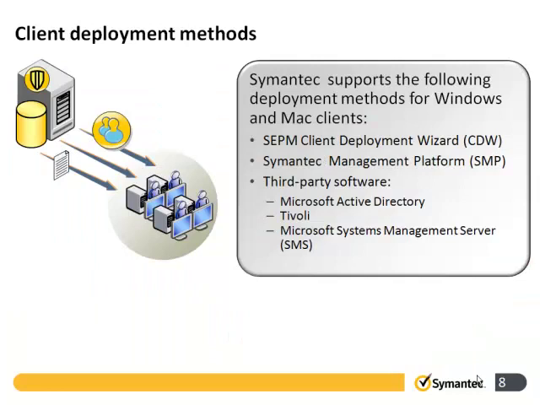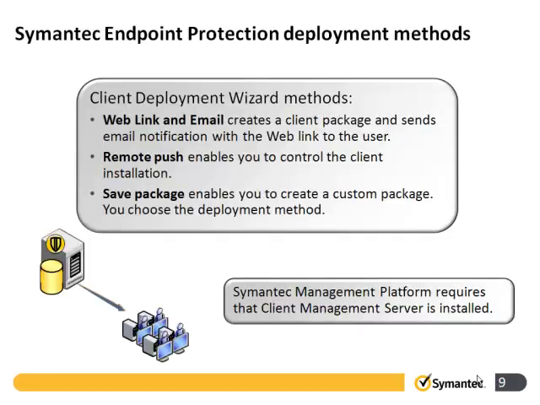So the client deployment methods that are available to us: we can use the client deployment wizard, the CDW, or we could use the Symantec management platform, or we could use the third-party options that you maybe already have used in the past. So if we run the client deployment wizard, the options that are available to us are to use the web link and email.